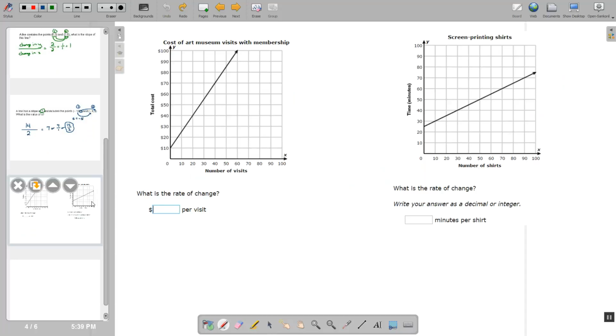Now let's look at what slope means when we're working with it on a graph. Once again, we want to remember slope is rise over run. What we have to do is find 2 ordered pairs on our table, and then find the rise and divide it by the run. I notice that I have one ordered pair right here, and here is another ordered pair right there.